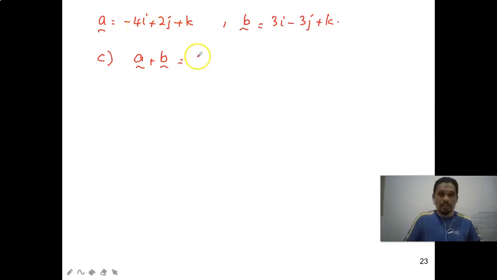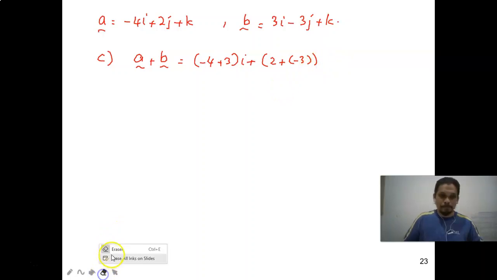Look at this one here now. For i, the magnitude is negative 4 plus 3i, plus the magnitude of j, which is 2 plus negative 3j, plus k, 1k and 1k.